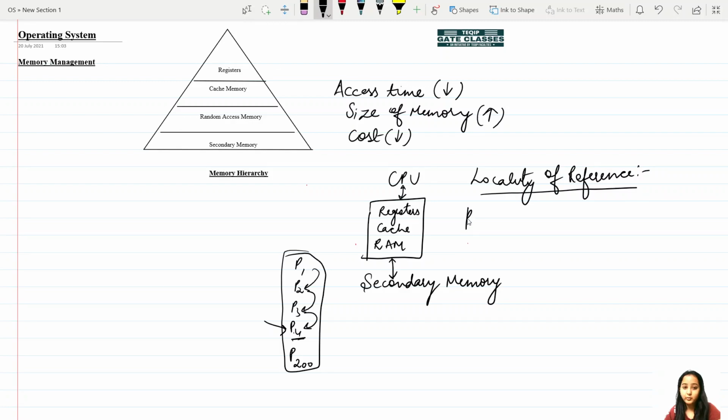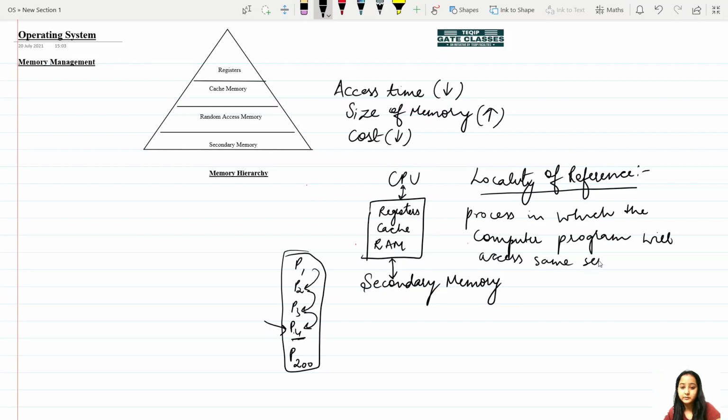It means that it is a process in which the computer program will access the same set of memory locations for a particular period of time.